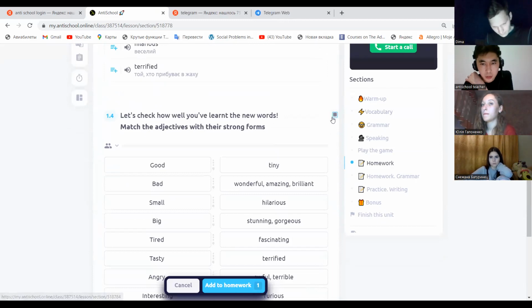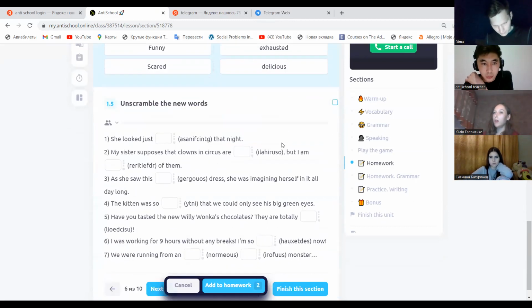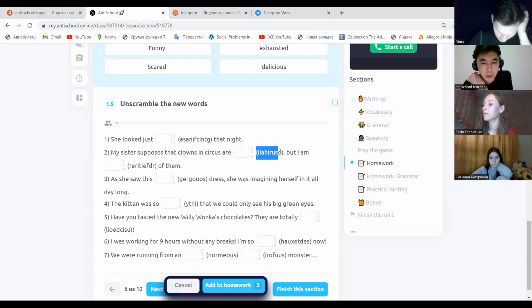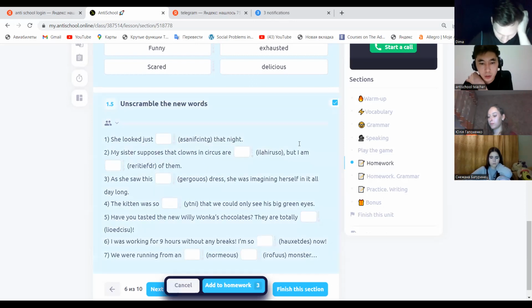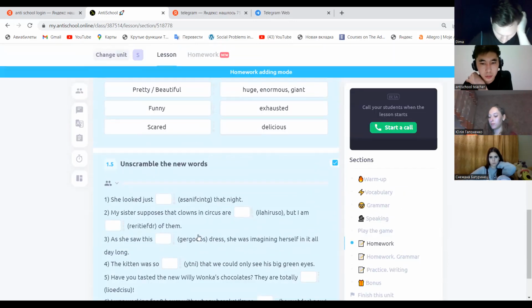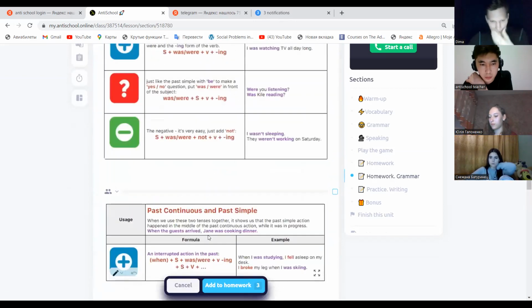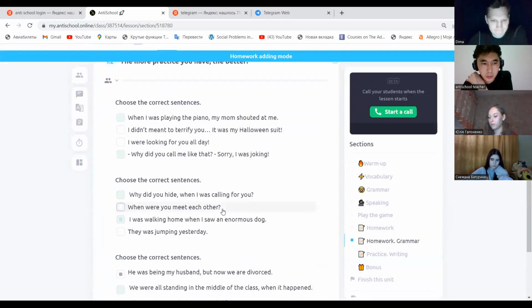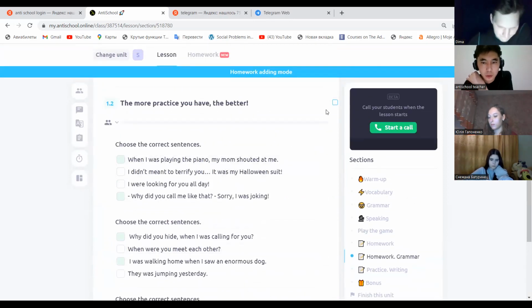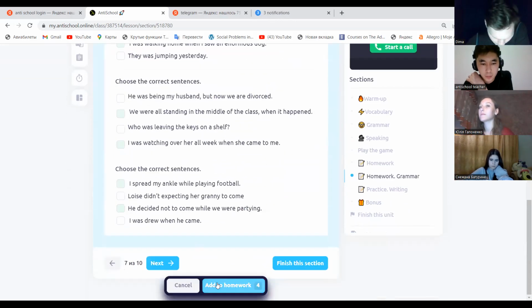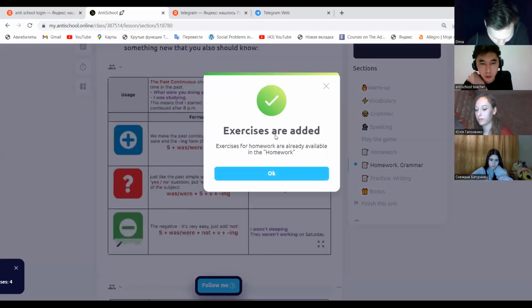And match the words to unscramble the new words. Like it is hilarious, but it's not written in the right form. What else? Choose. You need to choose the correct sentences here. So 4 exercises to homework. It was added.